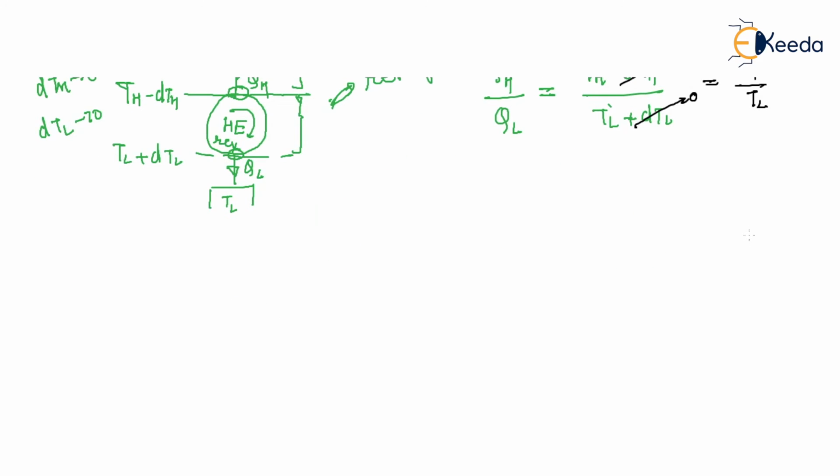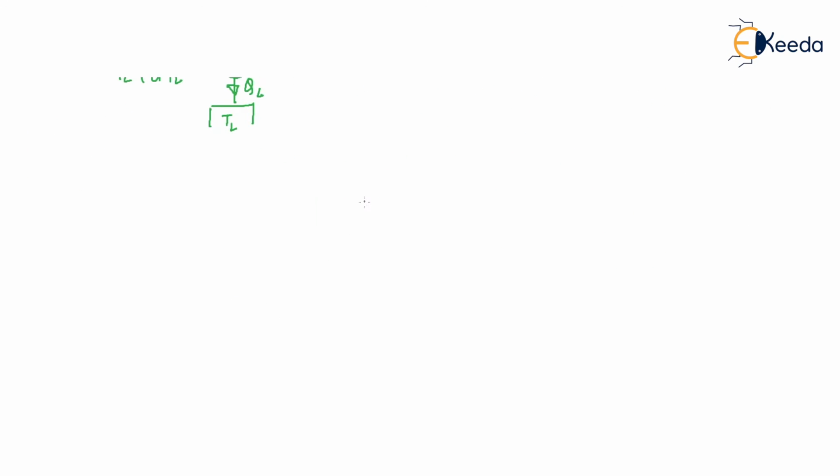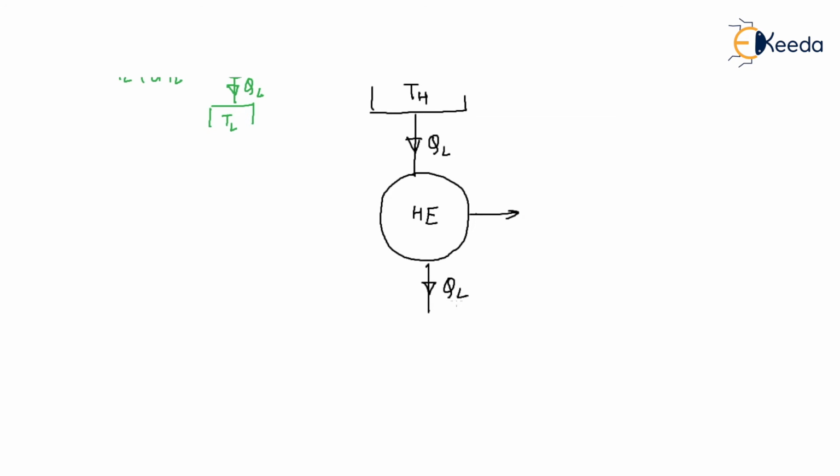But if it is given like that, if this is a heat engine, it produces work, extracts heat QH at temperature, let's suppose TH, and rejects heat QL at temperature, let's suppose TL. If the system boundary temperature is T1, let's suppose, and the other system boundary temperature is T2, this is the temperature we have.